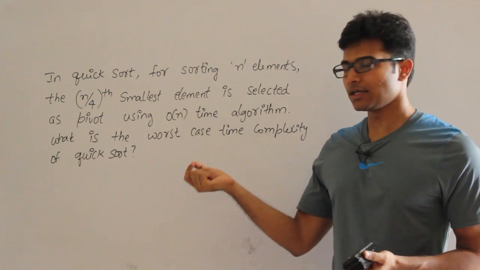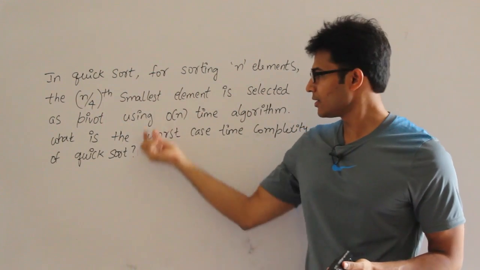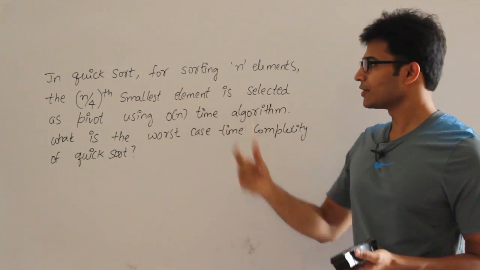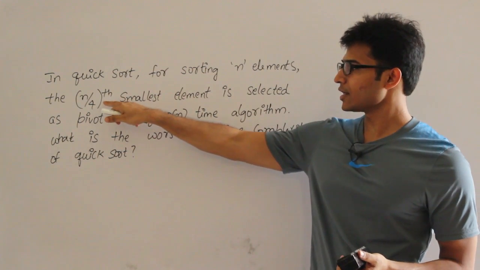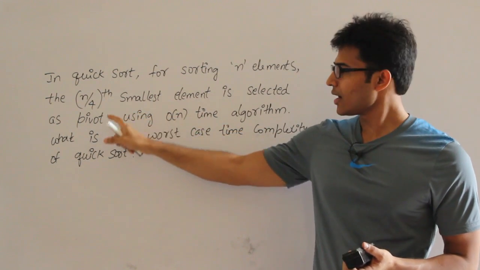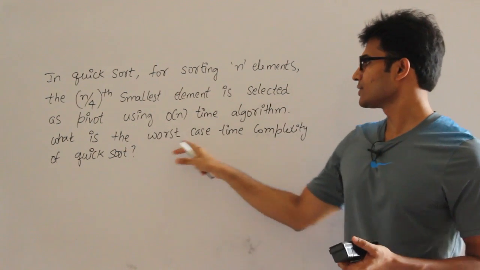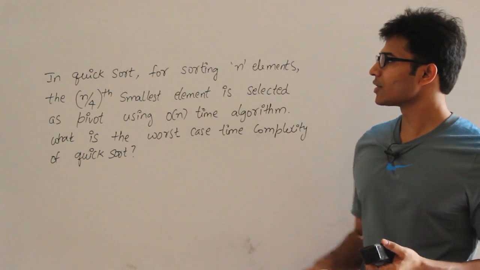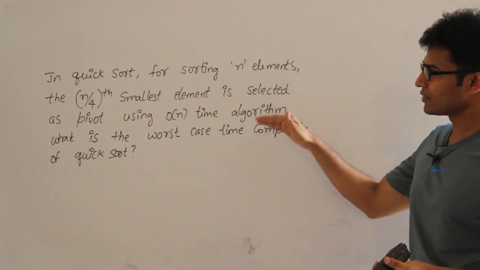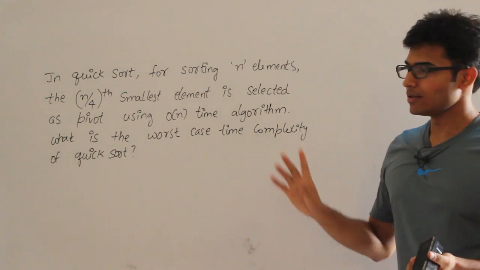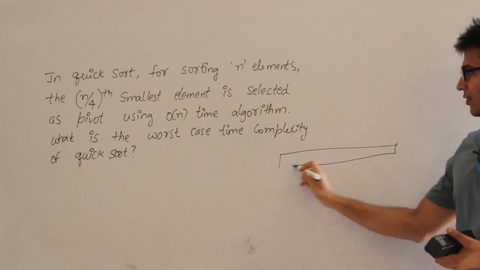For the partitioning, we find the n by 4th smallest element using an order of n time algorithm, and then give it as the pivot. Then what is the worst case time complexity of quicksort? You better pause the video, read the question once and understand it. In the question they are saying that I have an array of size n.